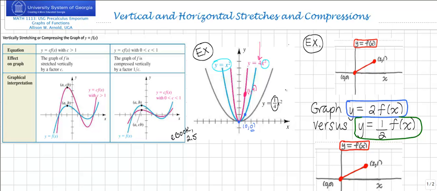Again, the point 0, 0 remains the same because I'm multiplying all the y coordinates by 1/4. The original point 1, 1 on the graph of y equals x squared, the blue graph, would become the new ordered pair 1, 1/4.